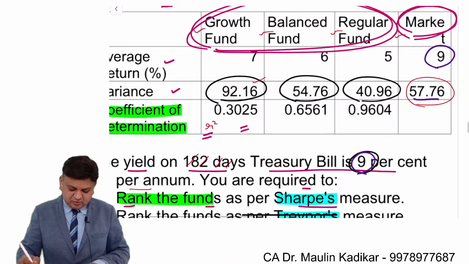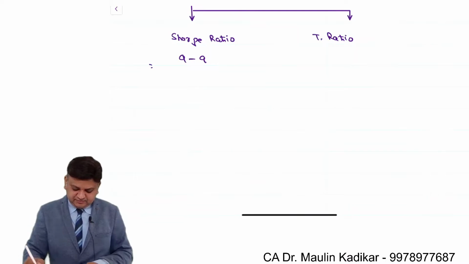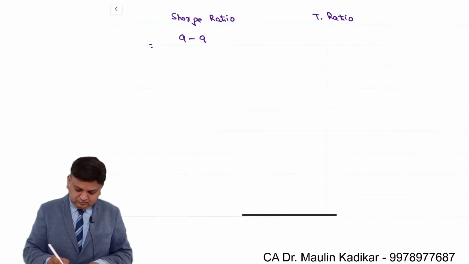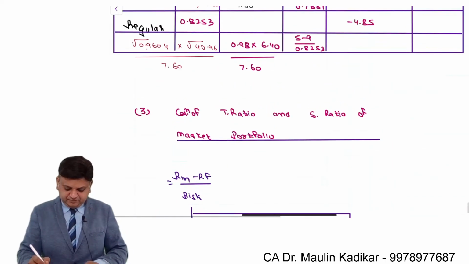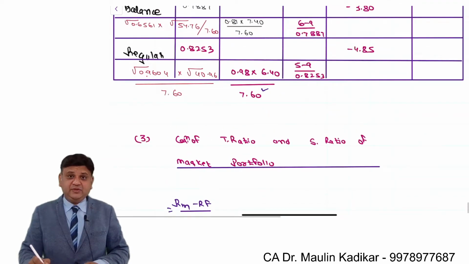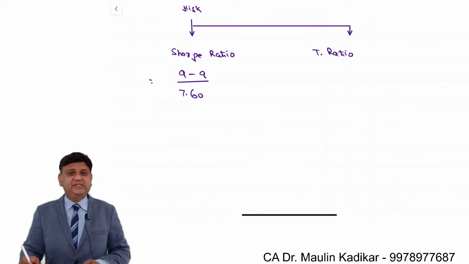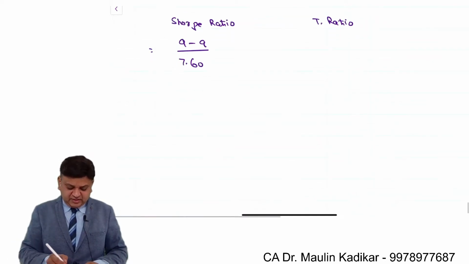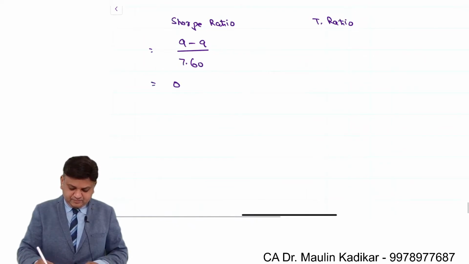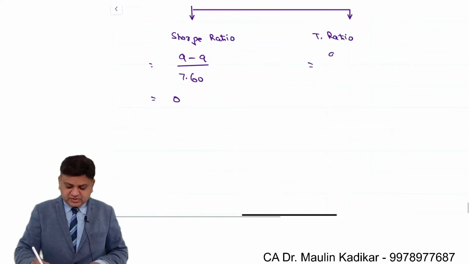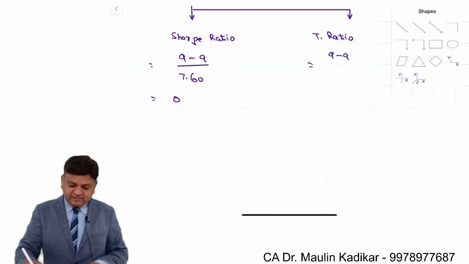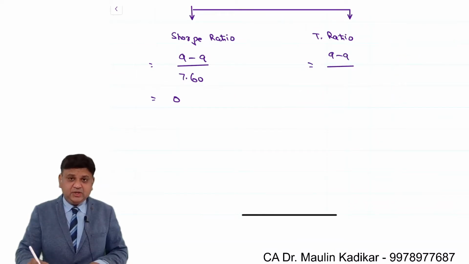Divided by the square root of 57.76, that is 7.6%, the standard deviation of the market portfolio. So 9 minus 9 is 0, and 0 divided by anything is 0. Treynor's ratio is again 9 minus 9 divided by the beta of the market portfolio, which is always 1. So 0 divided by 1 is again 0.